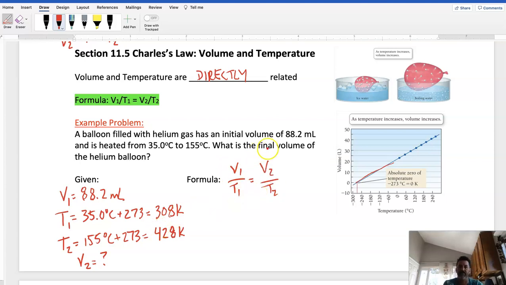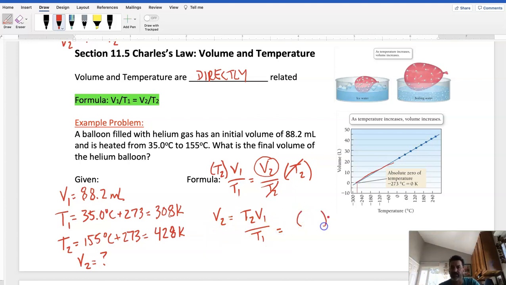I'm trying to find V2. This is what I want right here, V2. So I'm going to multiply both sides by T2 so I can get V2 by itself. So the numerator and denominator cancel out. My new formula is T2 times V1 over T1. Okay, so now I'm just going to plug those in.